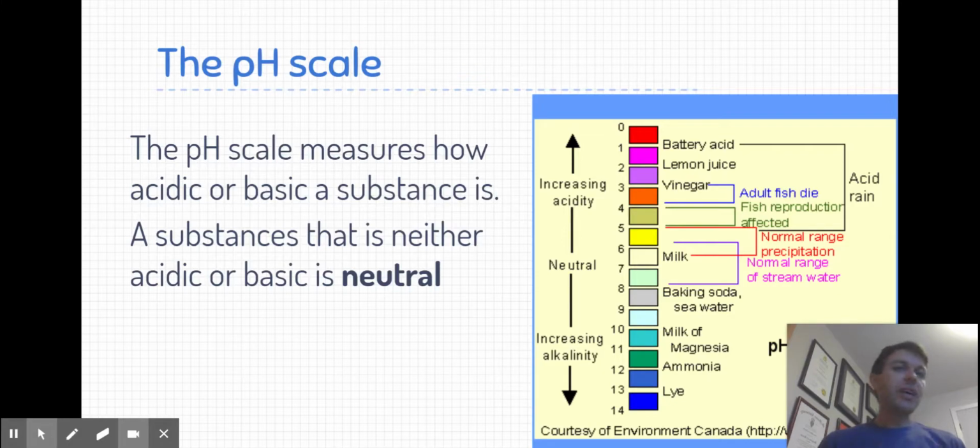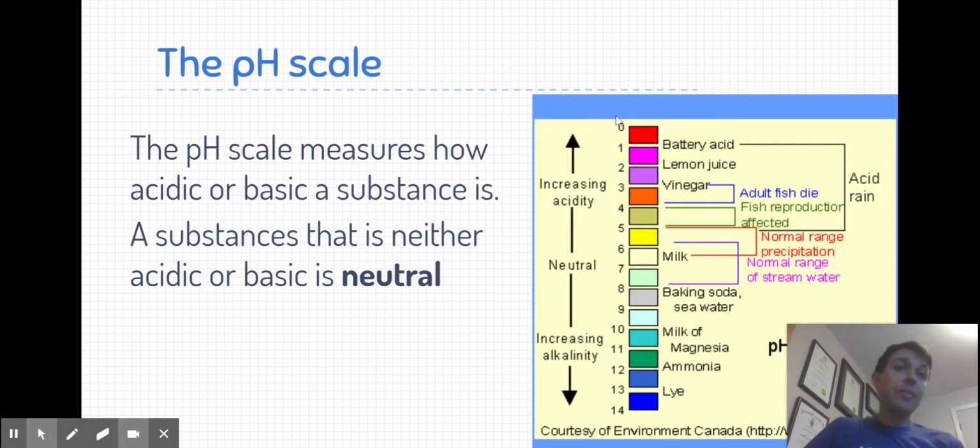The pH scale is actually a logarithmic scale, which means that every step on the pH scale represents a 10-fold change in the concentration of hydrogen ions. So even though a substance with a pH of 2 and a substance with a pH of 3 seem close on the pH scale, there's actually a 10-fold difference in their concentration of hydrogen ions.